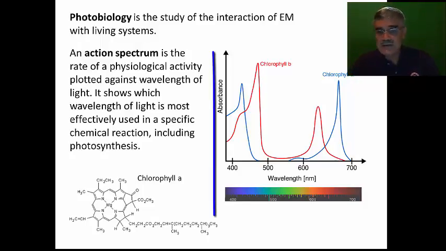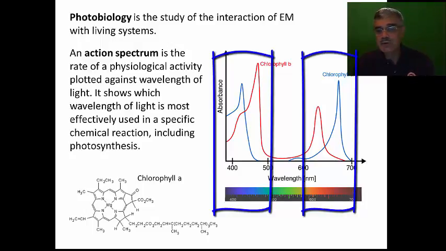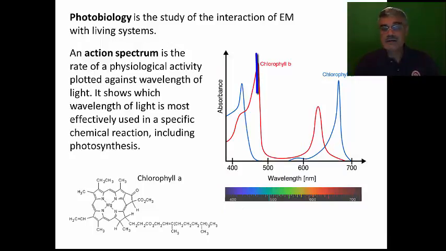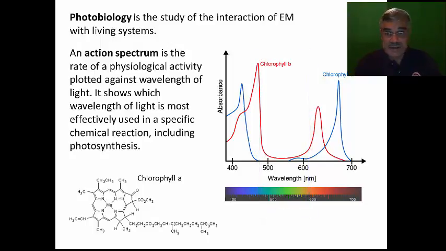Now, you'll notice that the chlorophylls, whether we're talking about A or B, absorb in the blue region and they absorb in the red region, but they reflect light in the green to yellow region. So is it surprising that plants appear greenish? Now, there are other secondary or accessory pigments in various plants, and that would be why different plants will have different colors.